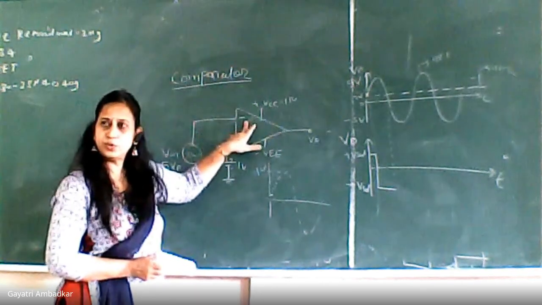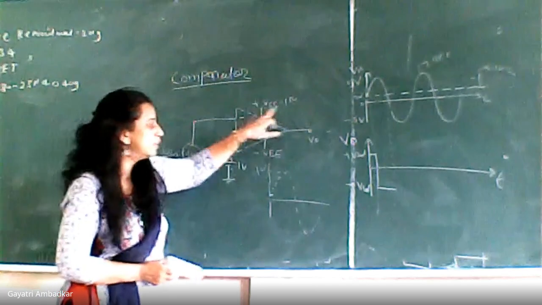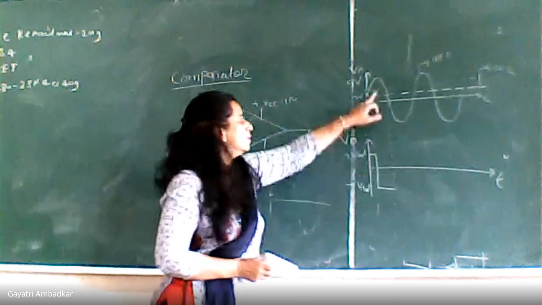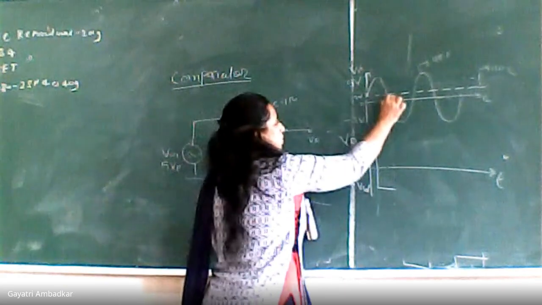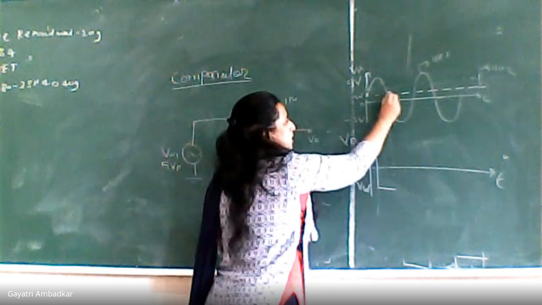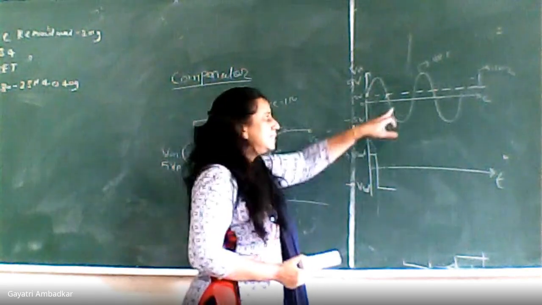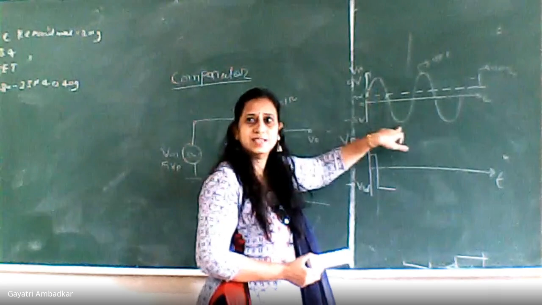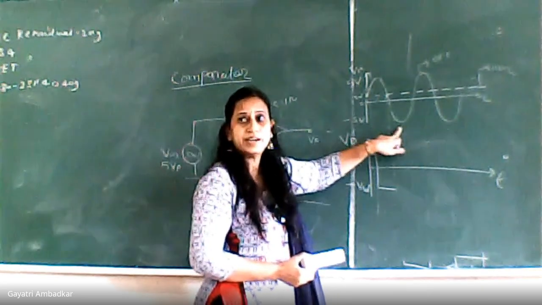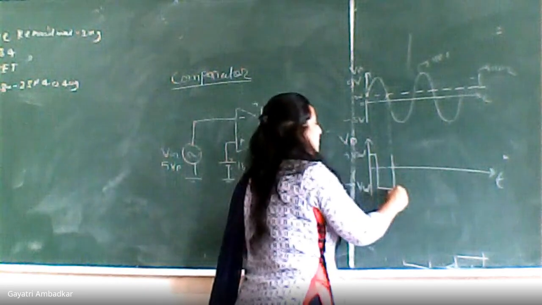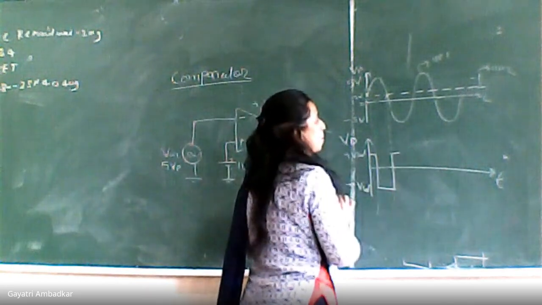It is connected to the inverting terminal, so you will get inverted output, that is minus Vsat. Okay. So this will continue up to this crossing point. At this point, what is happening? Your input is dropping below 1 volt. The AC signal is dropping below the DC signal. Right? Now who is greater? The DC signal is greater. So your output will switch to plus Vsat.